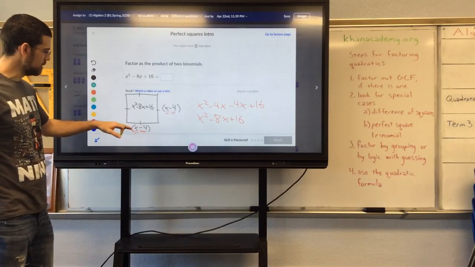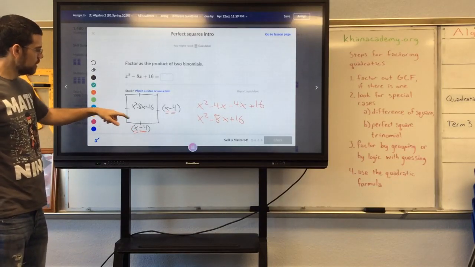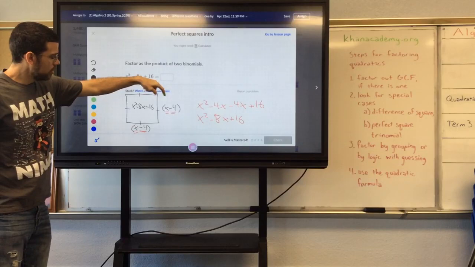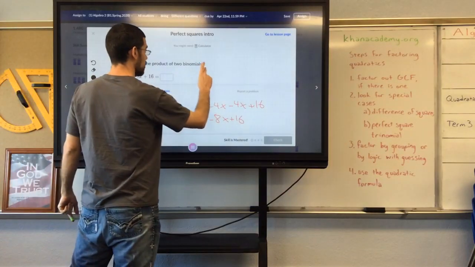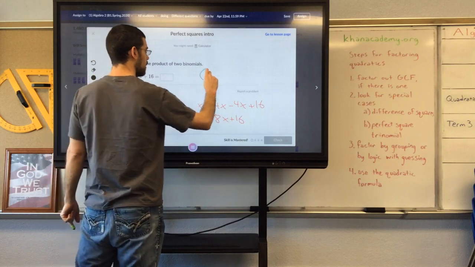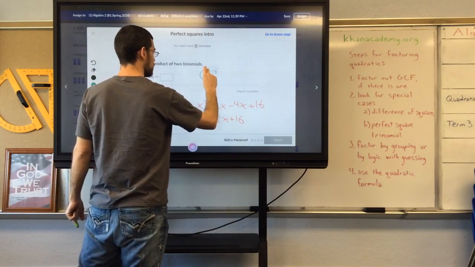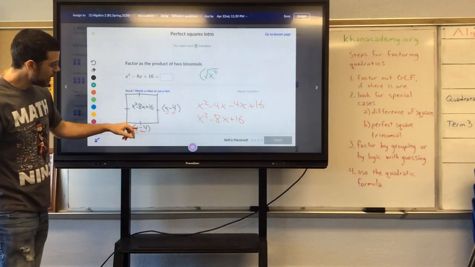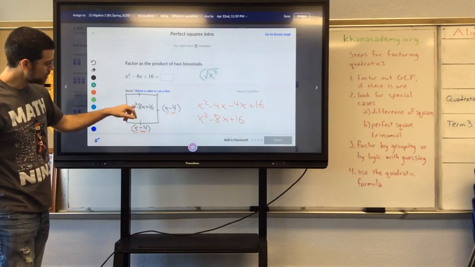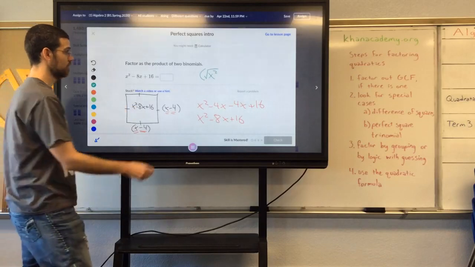We notice that the first term here is the square root of the first term of the original expression. So we're going to take the square root of our first term, and then the sign is going to be the same sign as whatever our middle term is.